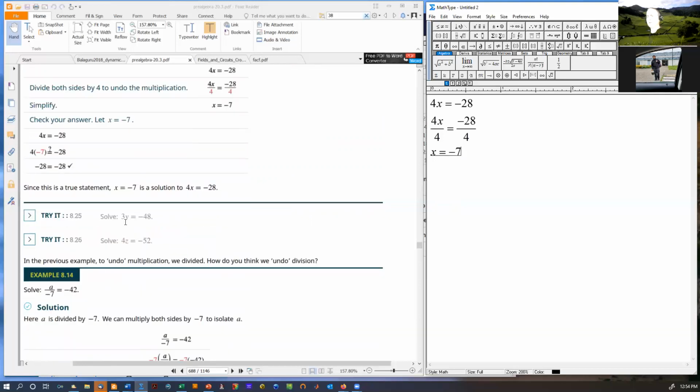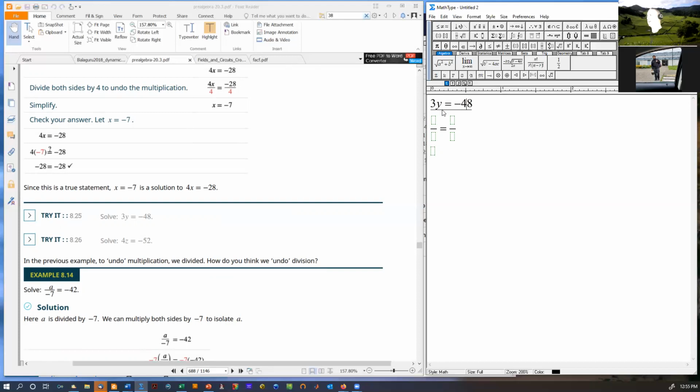So we could do the same thing with this one, where we have 3y.